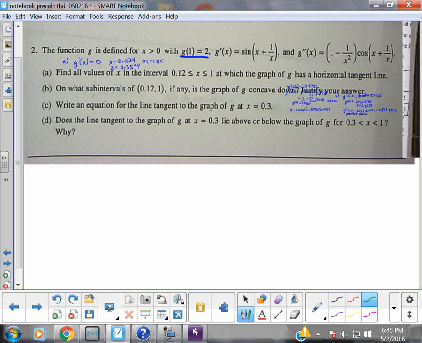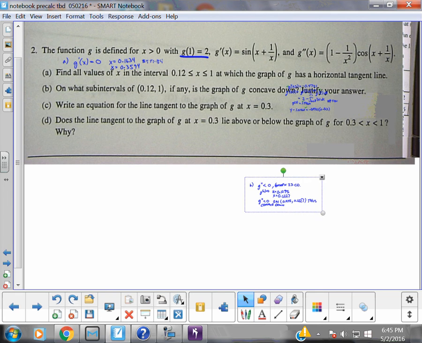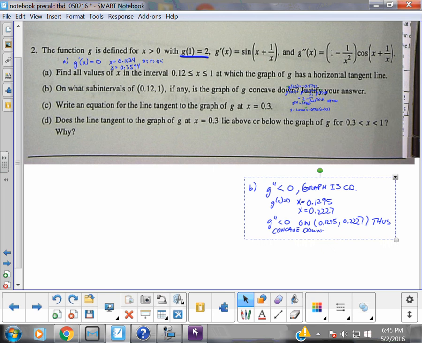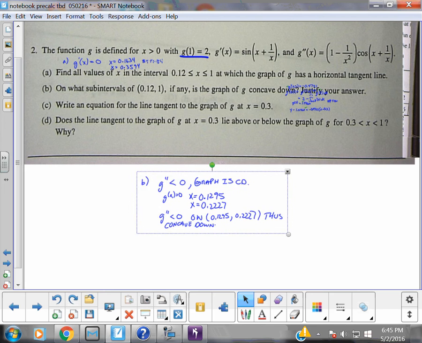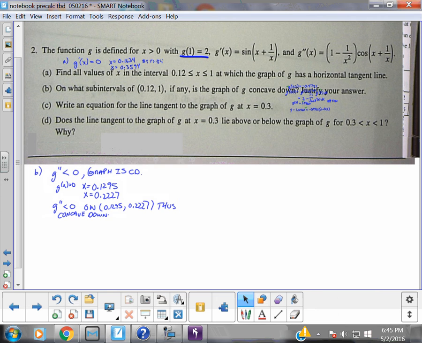Remember, we proved in letter B that it was concave down between 0.1295 and 0.227. Well, think what they're asking. They're asking from 0.3 to 1. So I'm going to bring back my calculator, and this would be our answer up above. We'd have that on our paper.